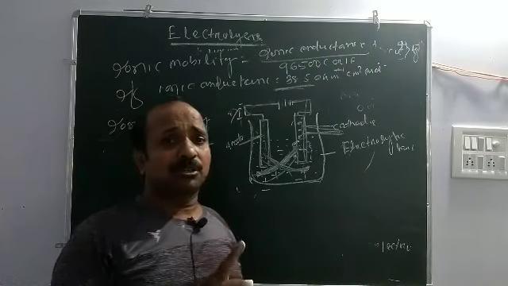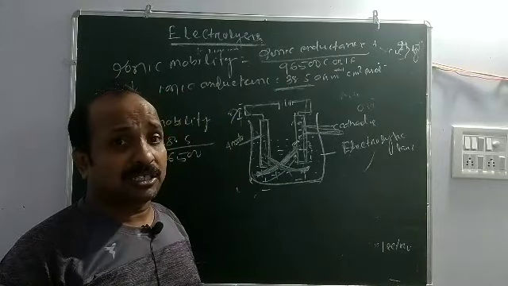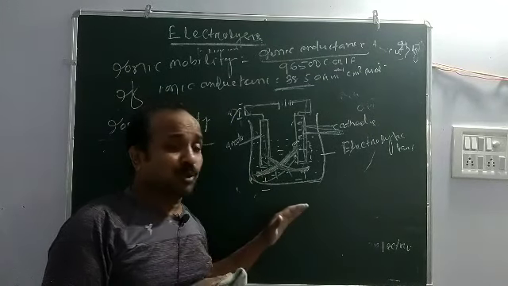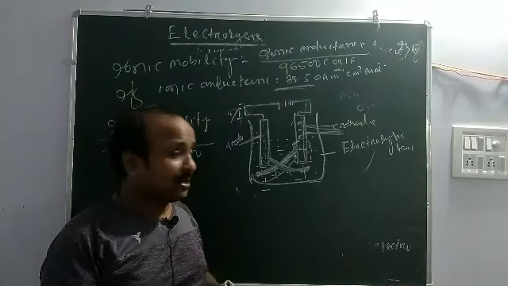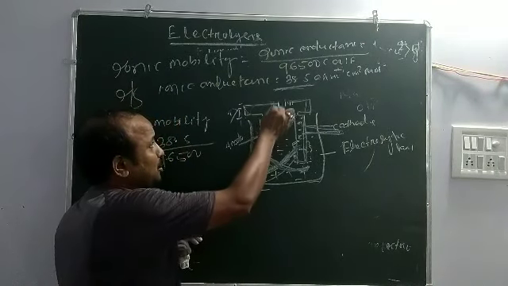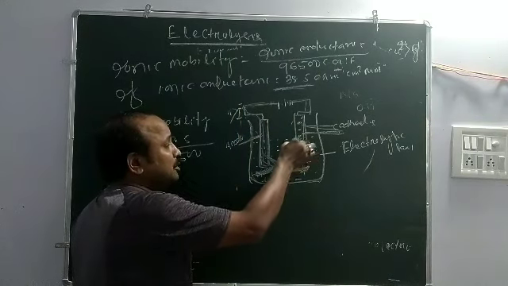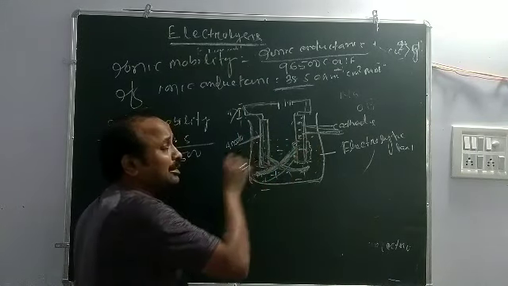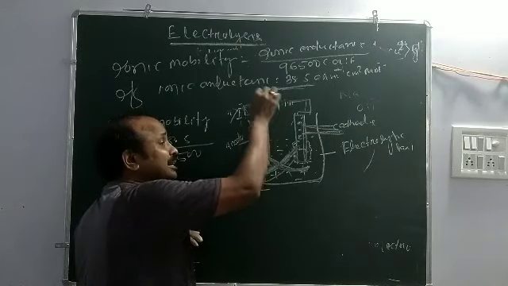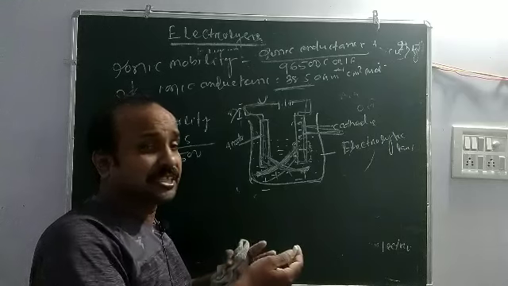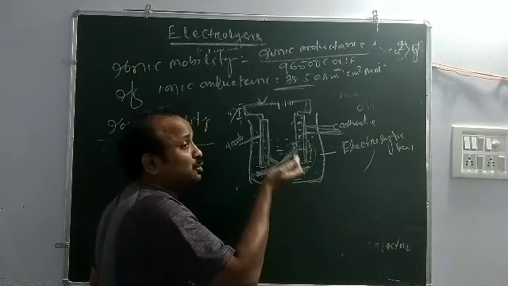Then we are now going to read about Faraday's laws of electrolysis. Faraday formulated two laws, the first law of Faraday and the second law of Faraday, because he observed that when current flows through the solution, the mass of substance deposited or liberated at the electrodes increases when the current is increased.